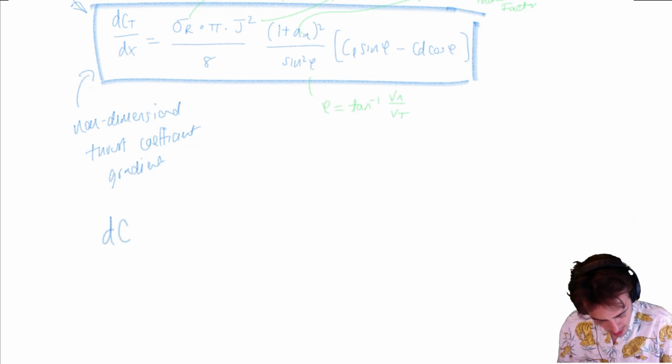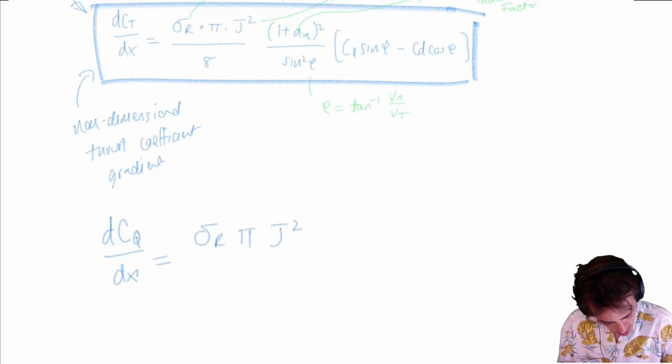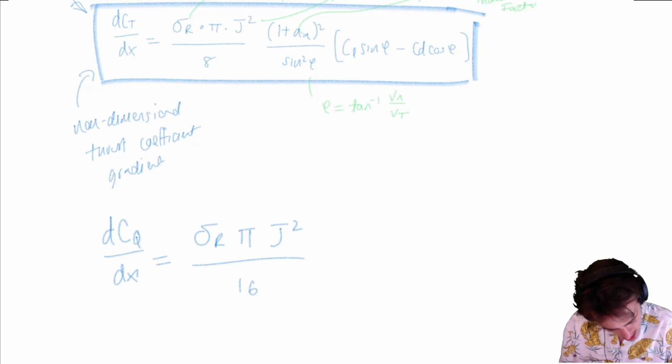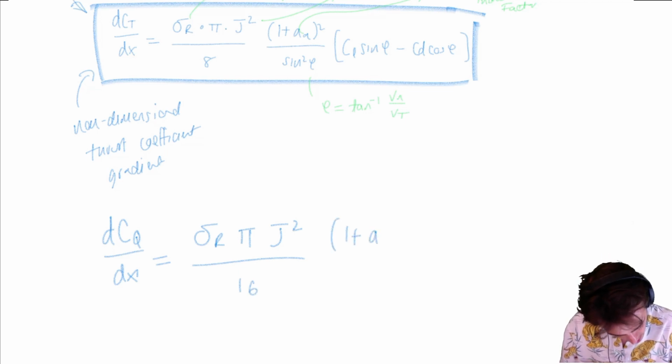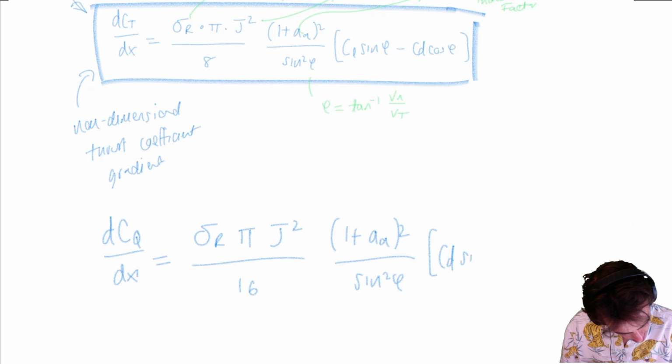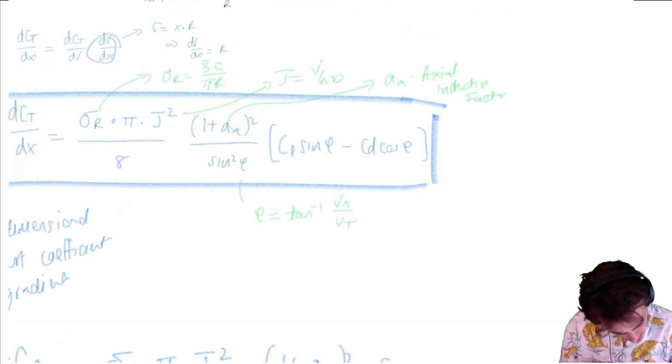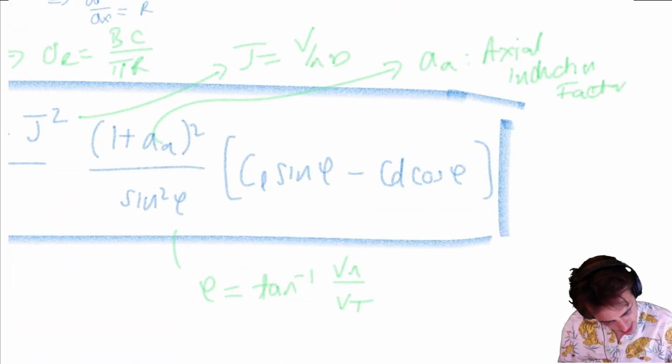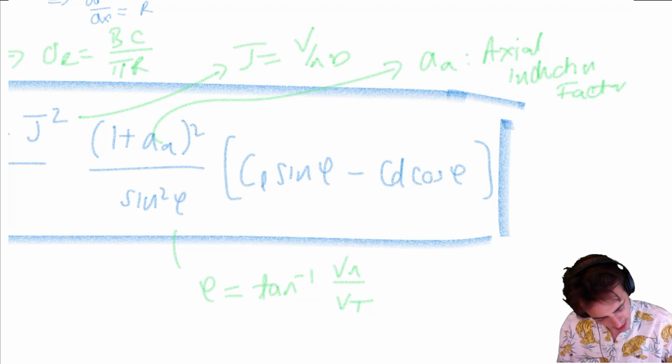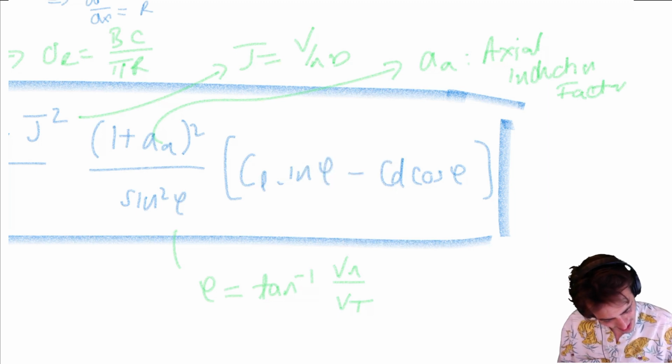That's just the same. dCQ on dx is equal to sigma r pi J squared on 16, 1 plus a_a squared, sine squared phi, CD. Right, I just made a mistake up here. Those two aren't right, let's erase those.